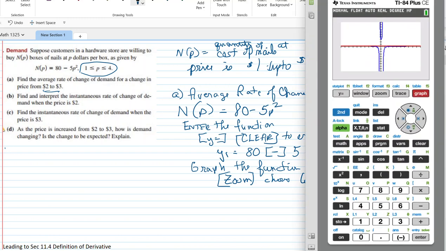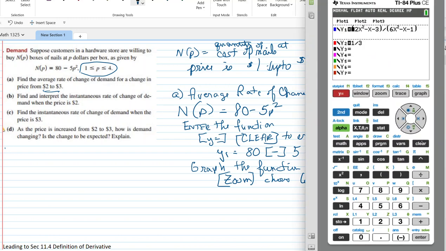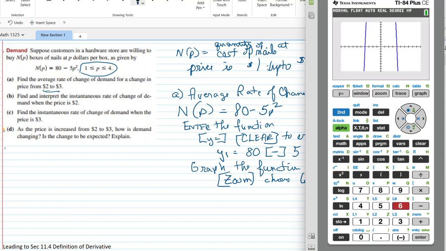So I'm going to hit my calculator, type Y equals, and clear all of my functions. I'm going to enter 80 minus 5x, second row, second key. And then I'm going to do the X squared key, which is fifth row down. I'm going to hit the zoom 6 because I don't know what I have. And there it is, my demand curve.